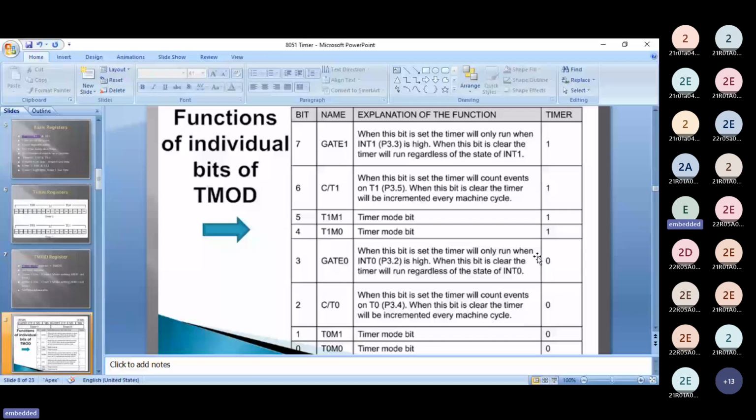When this bit is set, the timer will count events on T0. When this bit is clear, the timer will increment every machine cycle. Bit 1 is T0M1, a timer mode bit, and bit 0 is T0M0, a timer mode bit. These are the functions of the individual bits of the timer mode register.